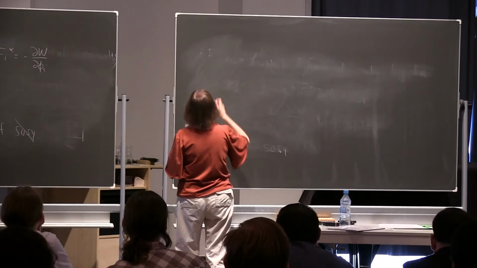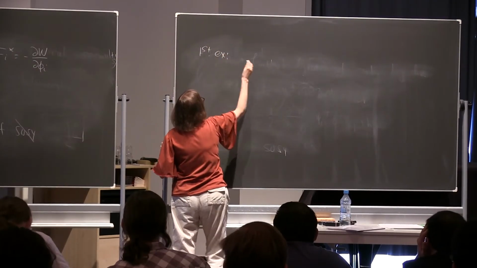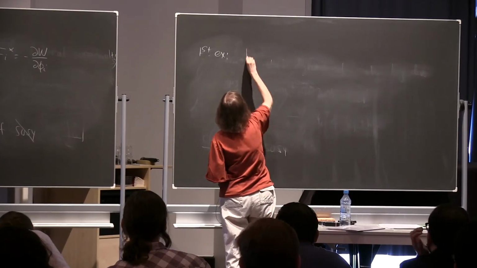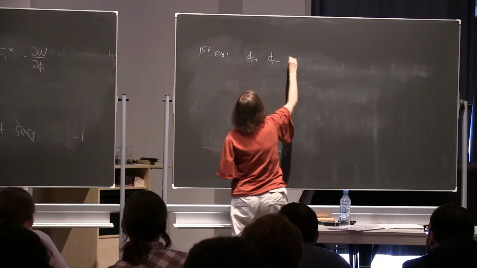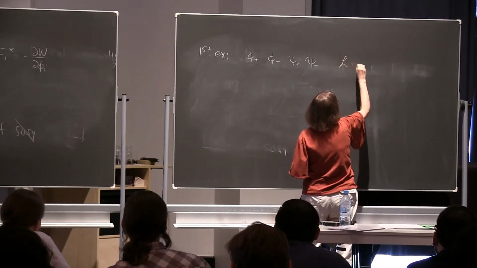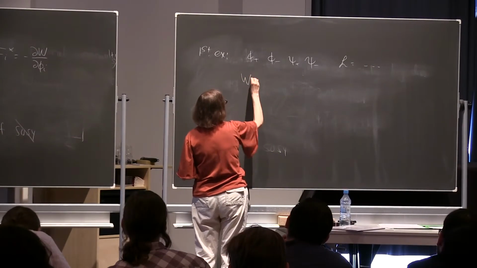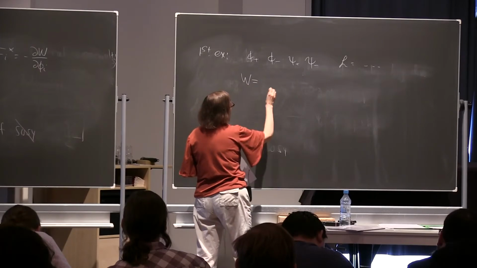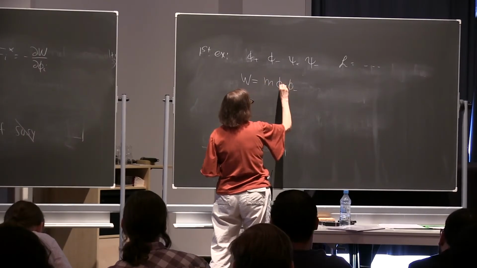So the first example that we had was this example with the phi plus, phi minus, psi plus, psi minus, and we wrote down the Lagrangian for that. And you can convince yourself that for this case, the superpotential was just m phi plus, phi minus.